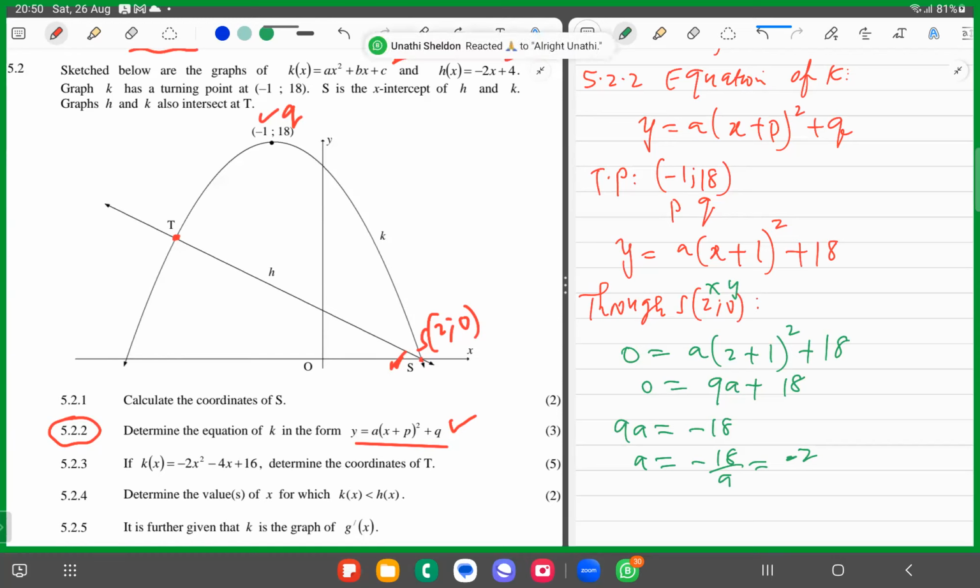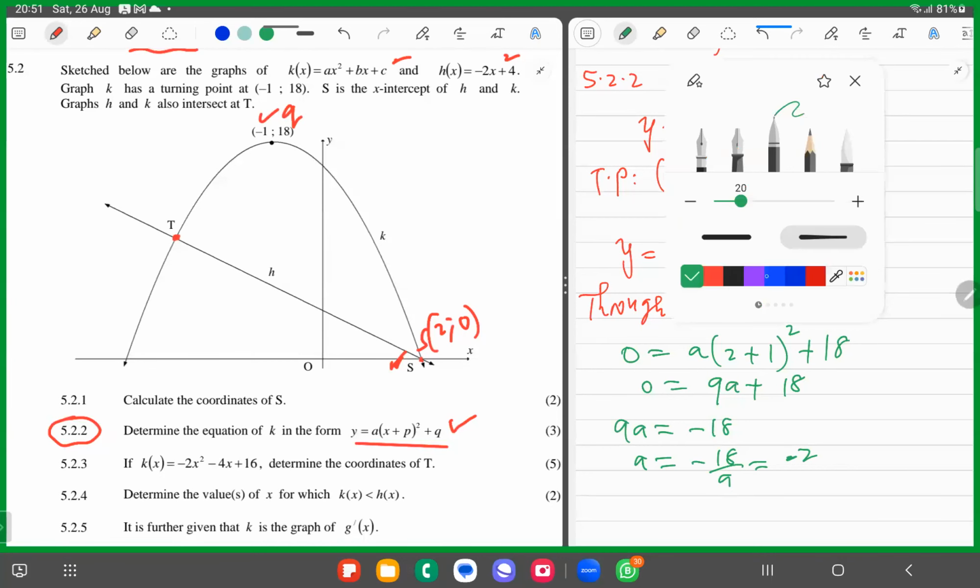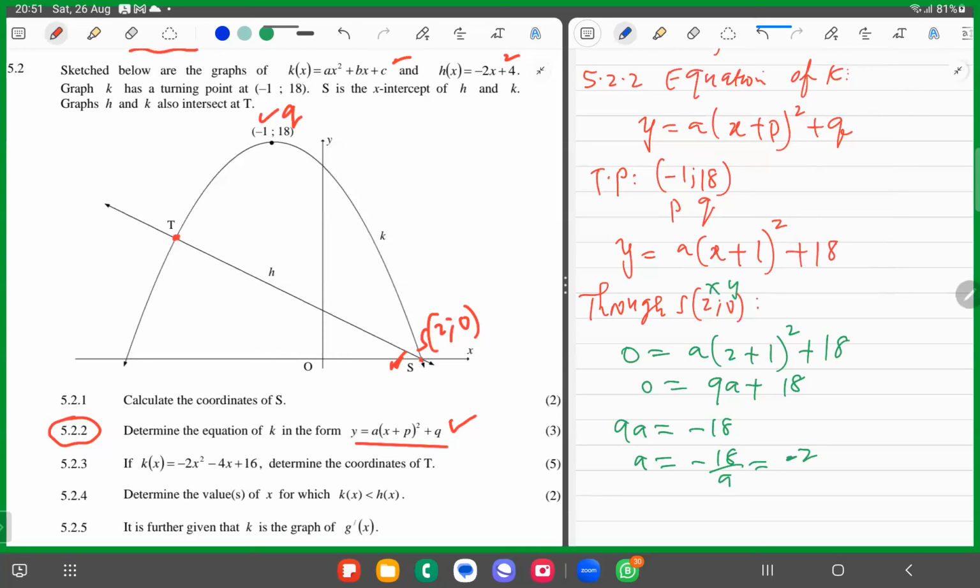So you continue. Now what is the equation that is required? So it is exactly y equals. So what is A?